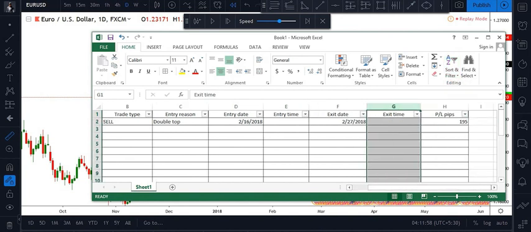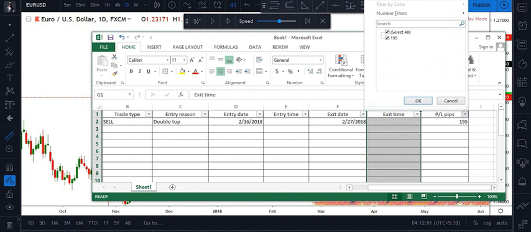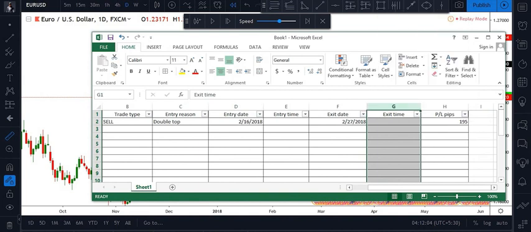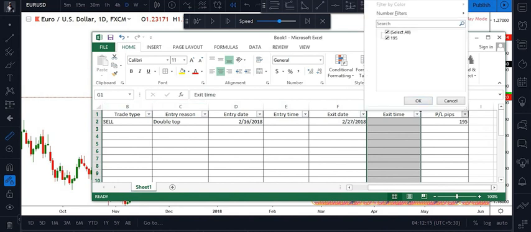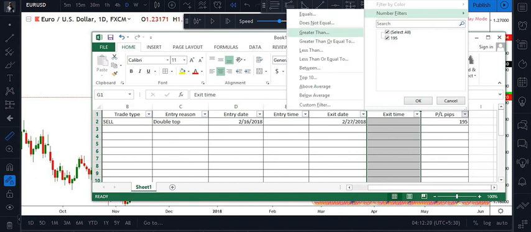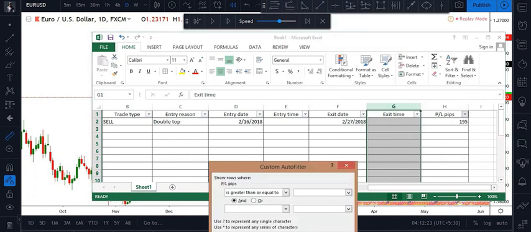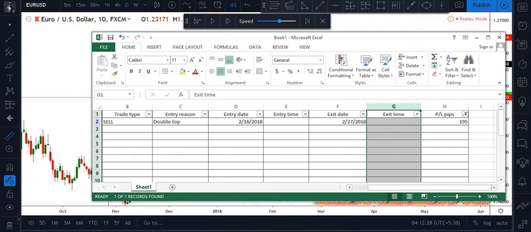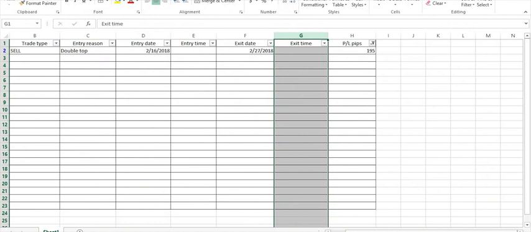Then we click the small arrow icon in the top right hand of each cell, and we can sort anything we want. So we can go to number filters and go to greater than or equal to 0. If we apply that filter, it will show us only the profitable trades, with pip count greater than 0.